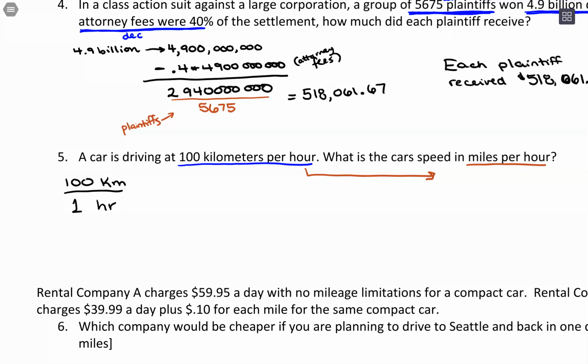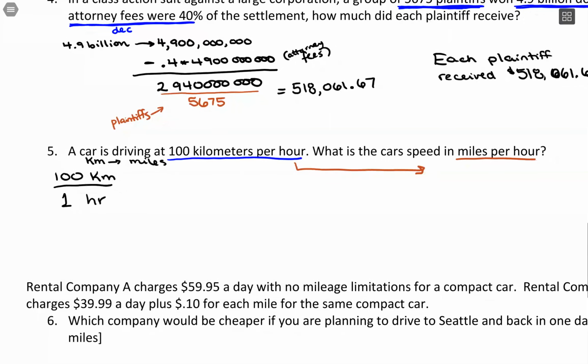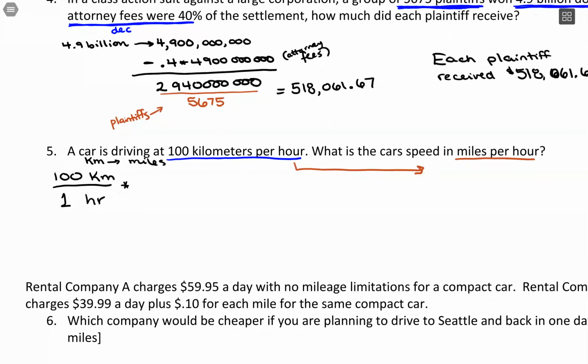So what's actually going to happen here is in the numerator, we're going to go kilometers to miles. In the denominator, when we looked at rate conversions, we also converted the denominator. However, it's staying put at hours, so we're not going to need to convert it. All we need to do is find the conversion rate between kilometers and miles.